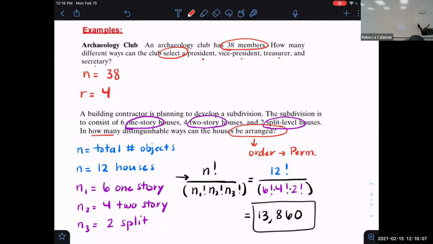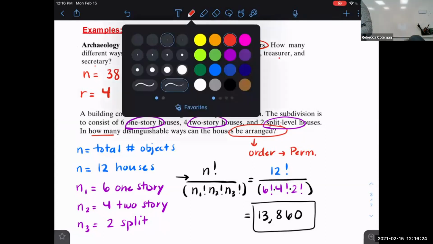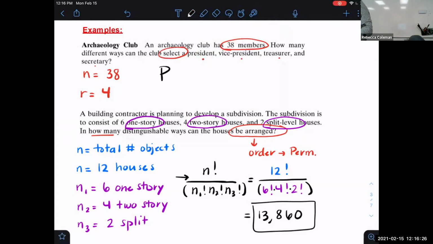So it might not always explicitly come out and state order or no order, but there should be something in there that lets you know, is the order important? Does the order matter? Does it make a difference? So in this case, because I have ranked positions, I would not use NCR. I would go back to NPR, because the order of the selections is important. It makes a difference.